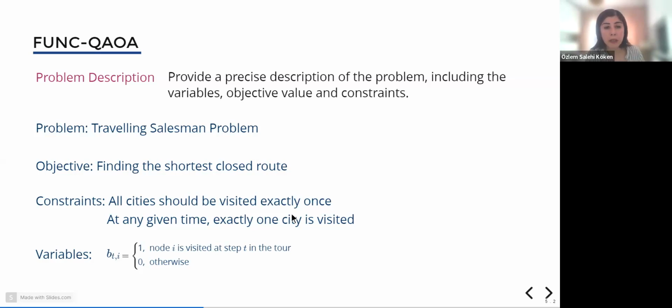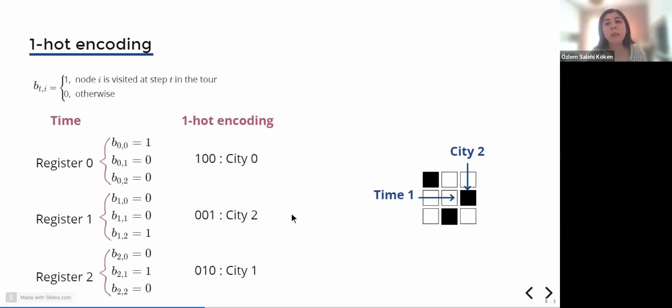And for variables, for the simple demonstration right now, I will use those variables, but later on, we will see another representation. Let me explain this. Here, we will use something we call one-hot encoding. We have binary variables of the form b_ti, and this is equal to 1 if node i is visited at step t in the tour.